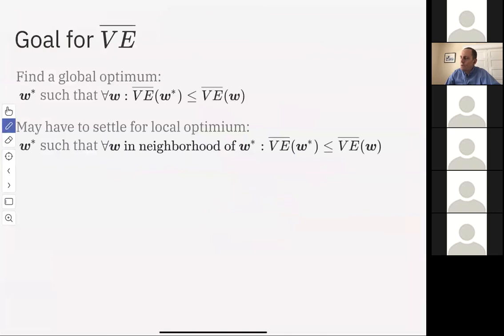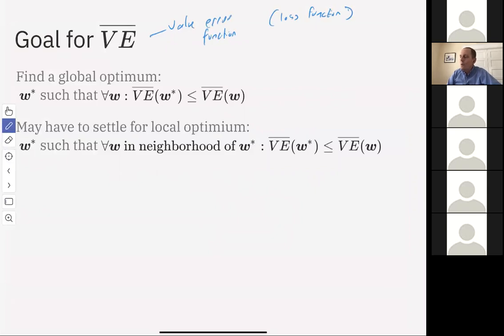Okay, so we have this error function. This is our value error function, and I may sometimes call this a loss function. The loss function just tells us how bad we are, because a bigger loss means we're worse.